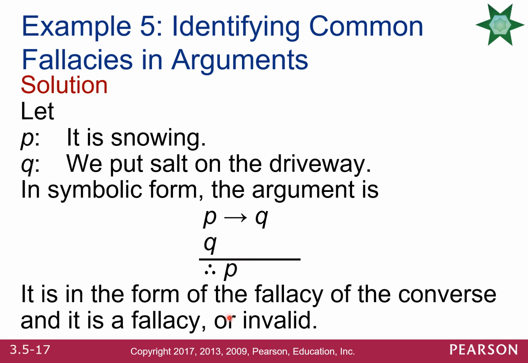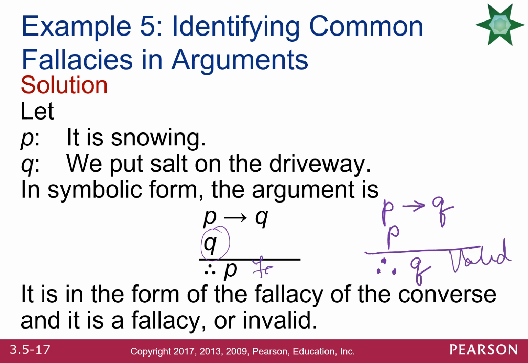One way of doing that is we keep the first premise the same, if P then Q. And instead of this Q, if we make this a P, the second premise, and then if we make our conclusion Q, then it fits the law of detachment, which is a valid argument. All right, in this case, this would have been valid, but this is a fallacy.